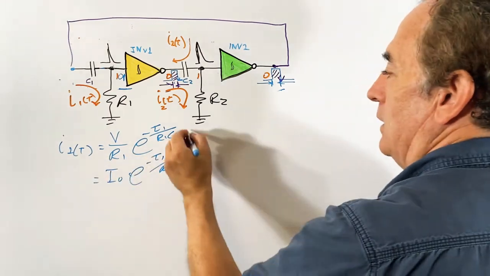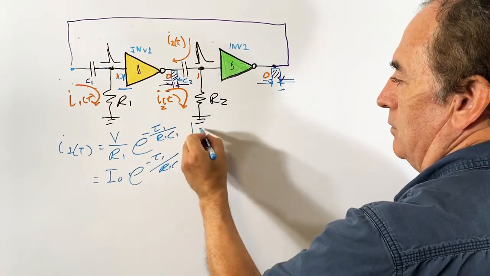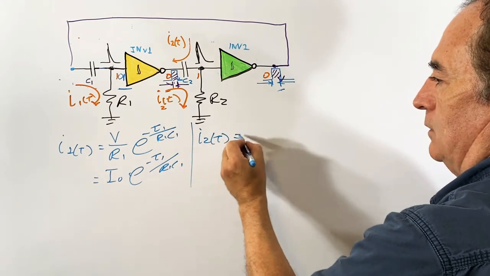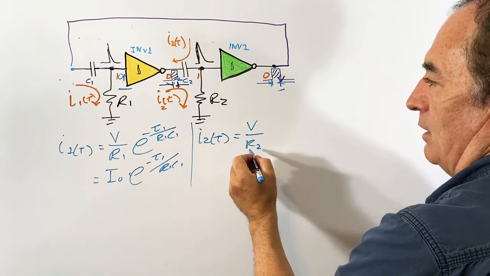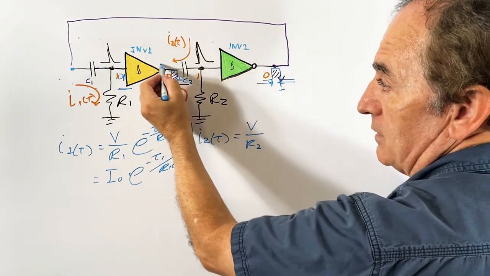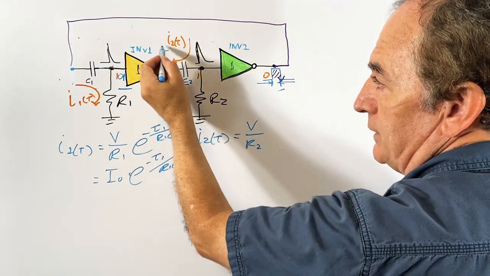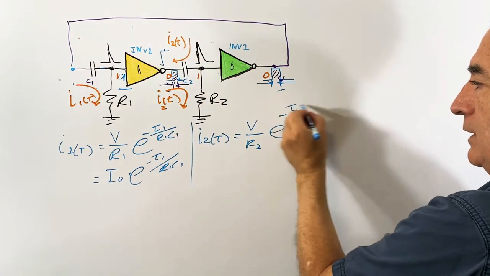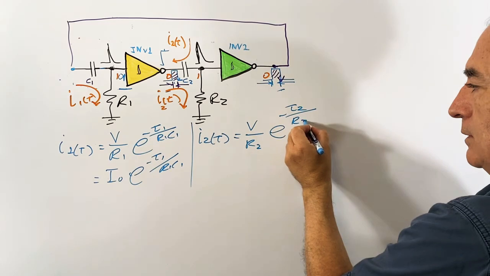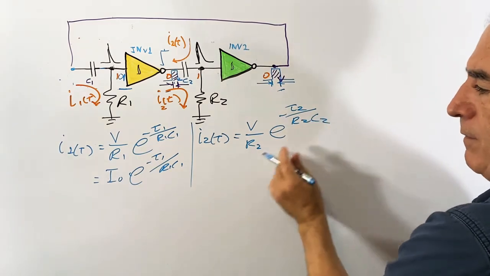Okay, and current 2 of t will be equal to V over R2. This voltage is the maximum voltage you get here at the rising edge. And that's times e to the negative T2 over R2 C2.